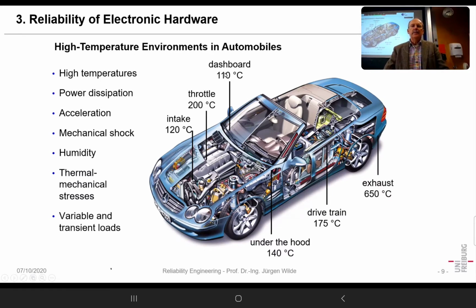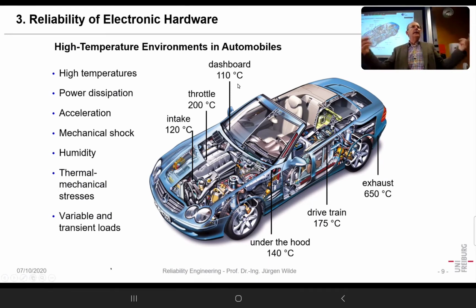Okay, now we have an overview of temperatures which we can find on the site where electronics is. Here they specify on the dashboard, it can be up to 110 degrees centigrade. Dashboard normally is black. If you have sun on it, it can be extremely hot, sometimes you cannot even touch the steering wheel, so hot it is.